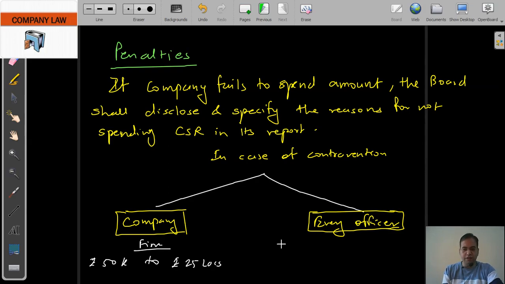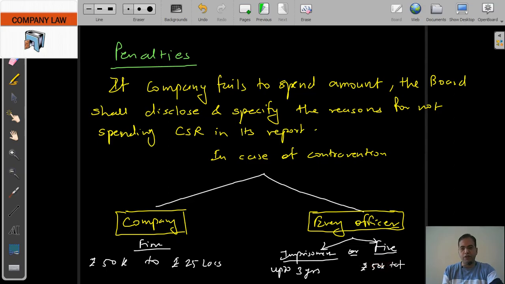And every officer in default can face imprisonment up to 3 years, or a fine of 50,000 to 5 lakh rupees, or both. So these are the penalties prescribed.